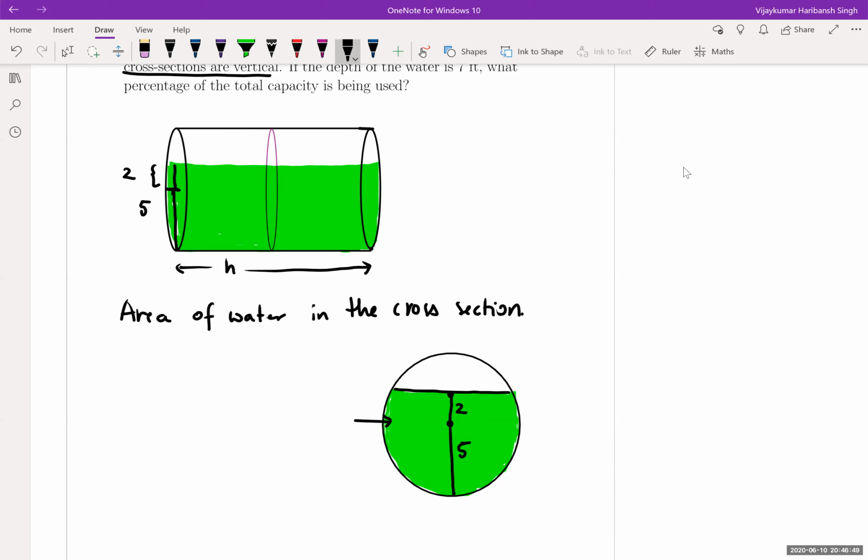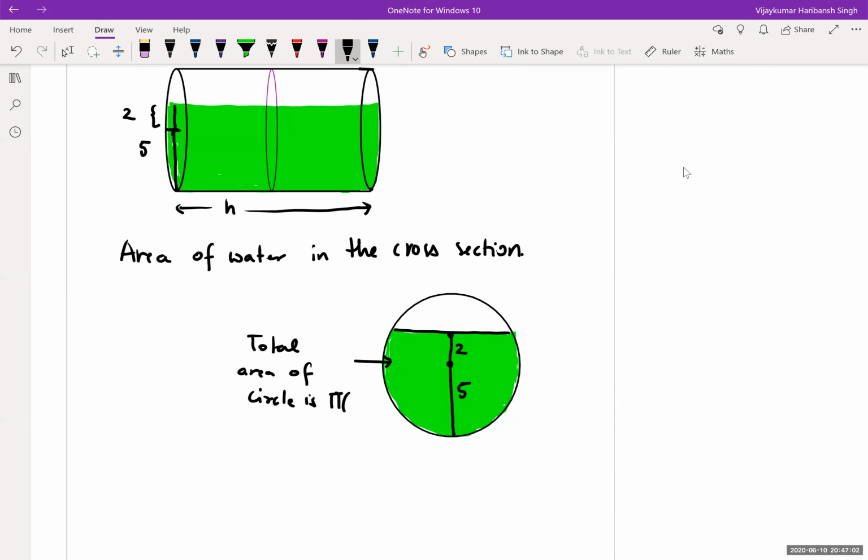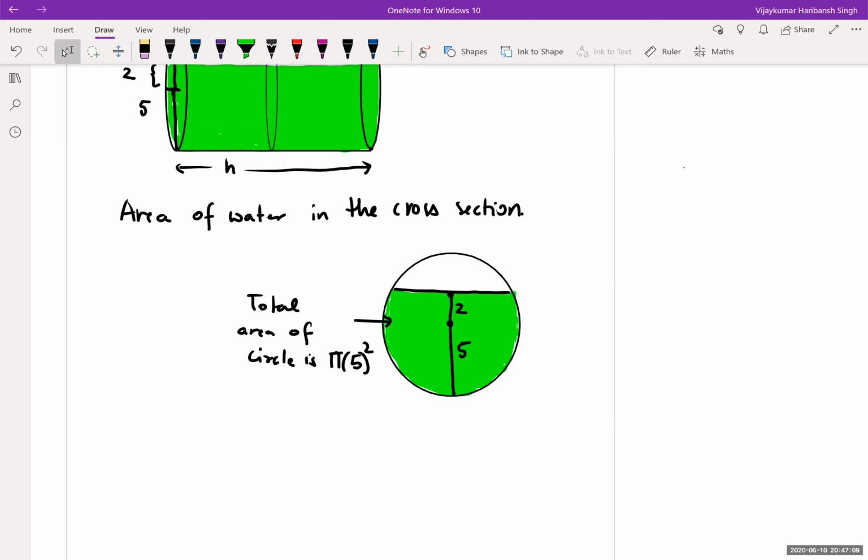The radius is 5, so the total area of the circle is pi times 5 squared. So we'll find out the total area, which is the whole circle, minus the empty area.